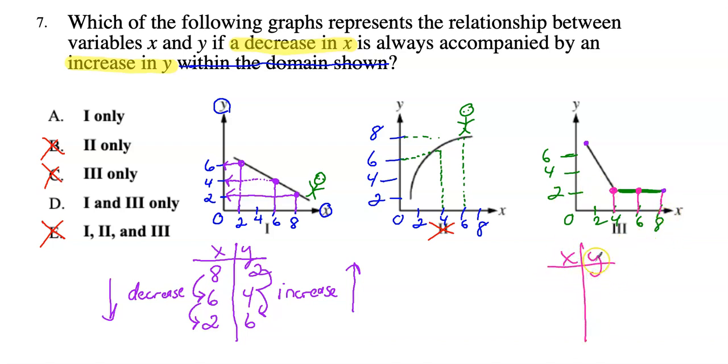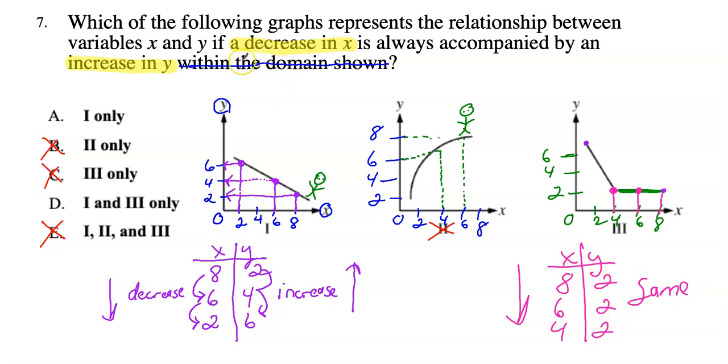So let's make a quick table so we can see this. When x is 8, y is 2. Decrease x. When x is 6, y is 2. Decrease x from 6 to 4. When x is 4, y is 2. So when x decreases here, y stays the same. It stays at 2. It doesn't go up or down.